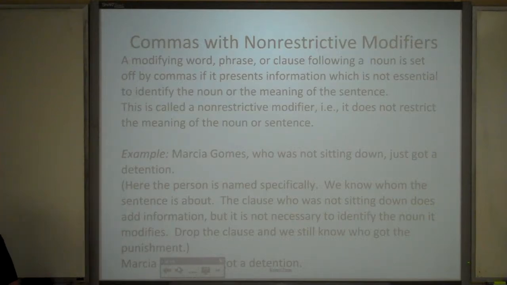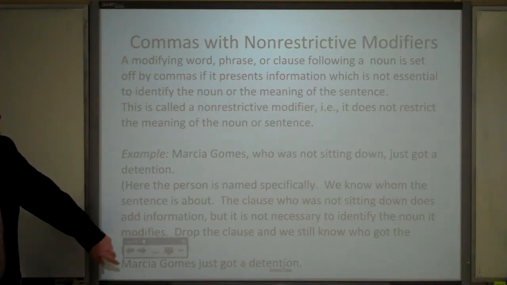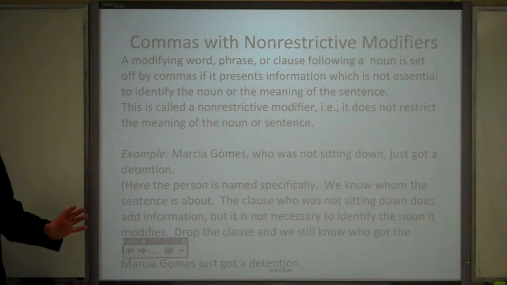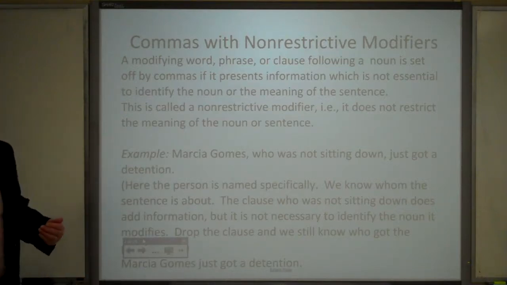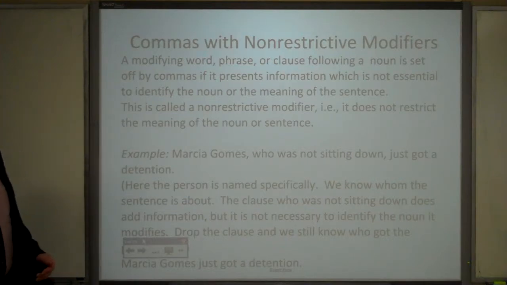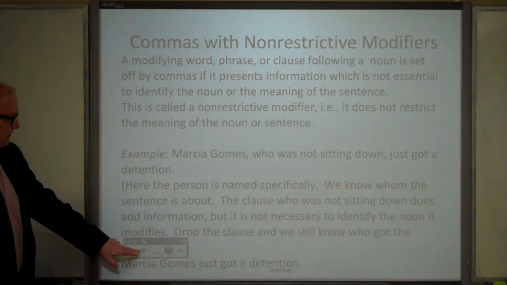So we drop the clause and we still know who we're talking about. Marcia Gomes just got a detention. It does add additional information which is helpful for us to understand why she got a detention, but it's not essential to the overall meaning of the sentence.